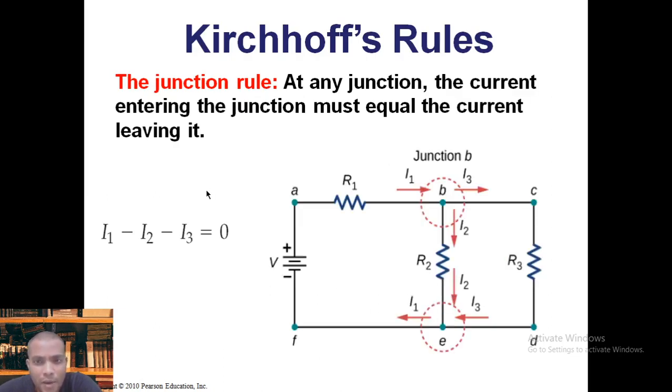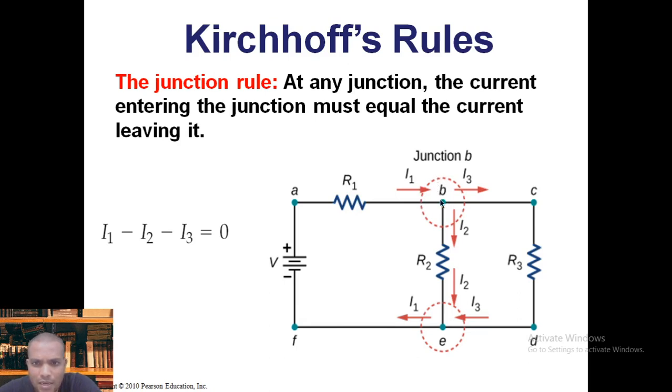When applying the junction rule, keep in mind that if the network contains similar junctions, here we can see the branch points B and E. B is one junction and E is another junction.